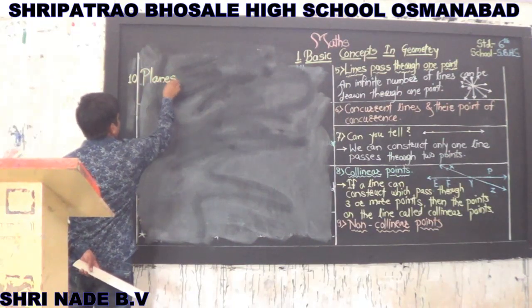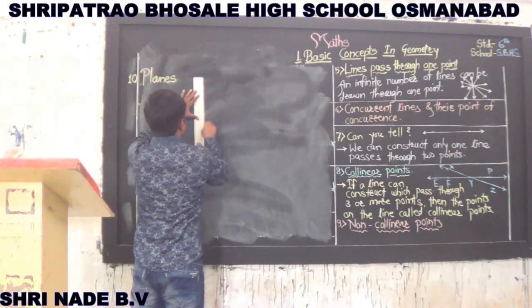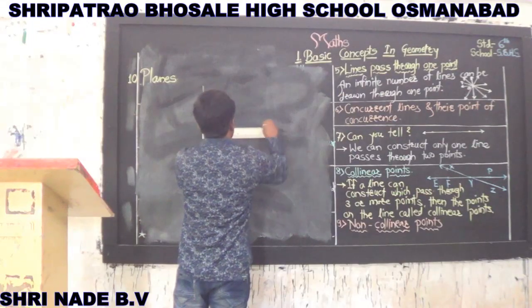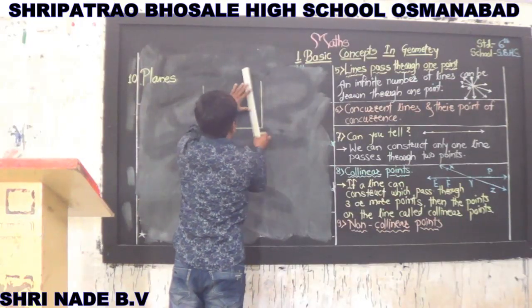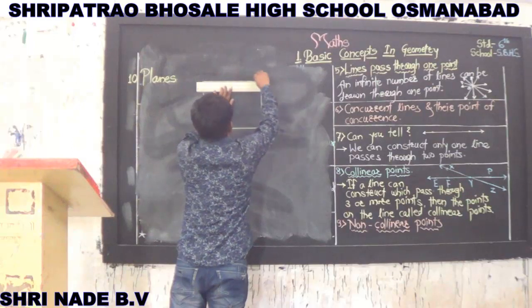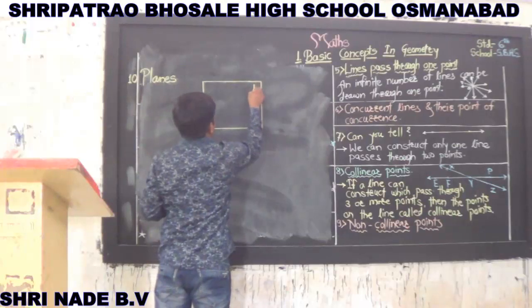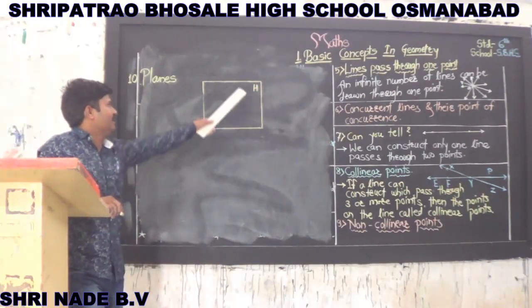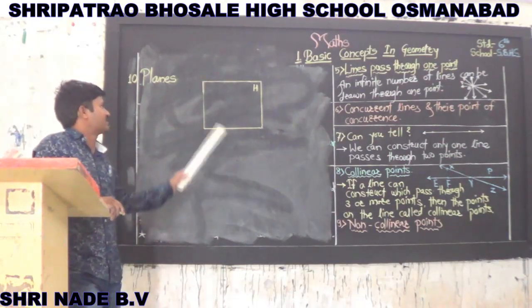Planes. Here, look at the blackboard. On the blackboard, the figure drawn is plane H. A plane has two conditions.